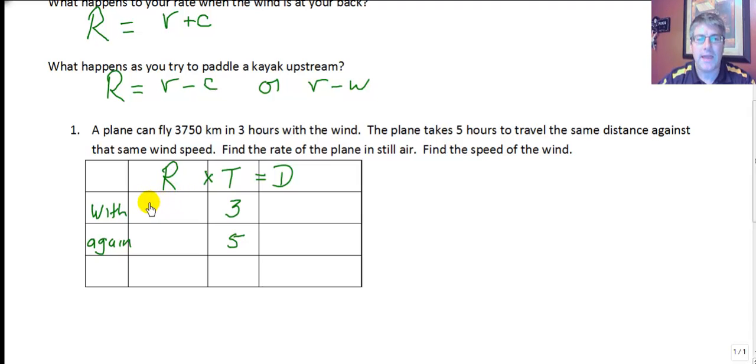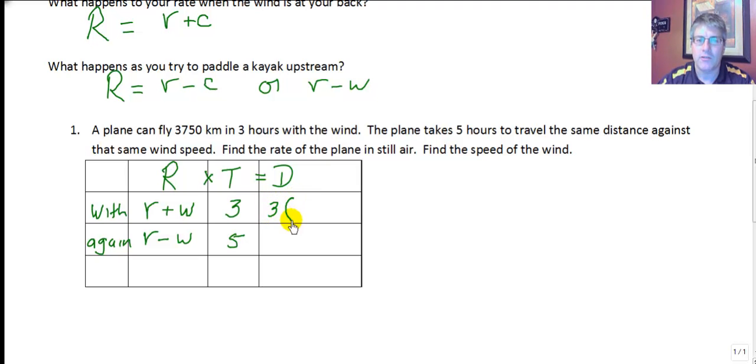We're going to call capital R the overall rate, little r the plane's speed, plus w, because we have the wind at our back. So it's pushing us along, and it's making our overall rate faster. And so against the wind would be r minus w. And this does make sense. We're going at a slower rate because we're subtracting from our effort, so it's slowing us down, and that takes more time. So our setup seems to be correct here.